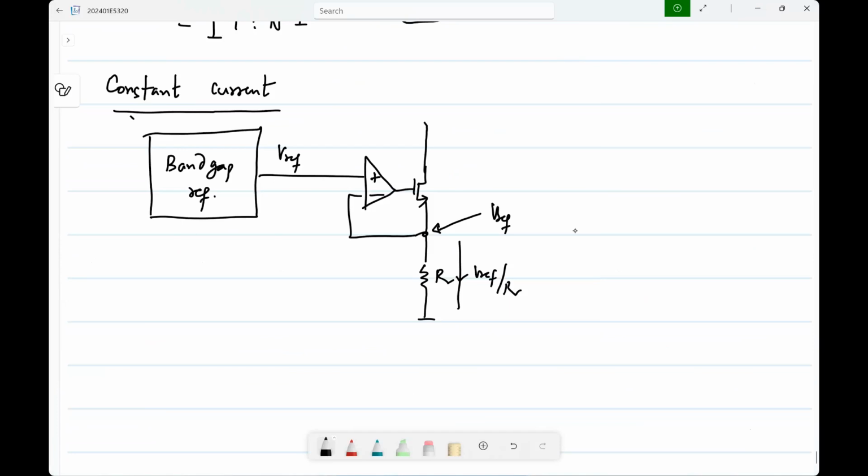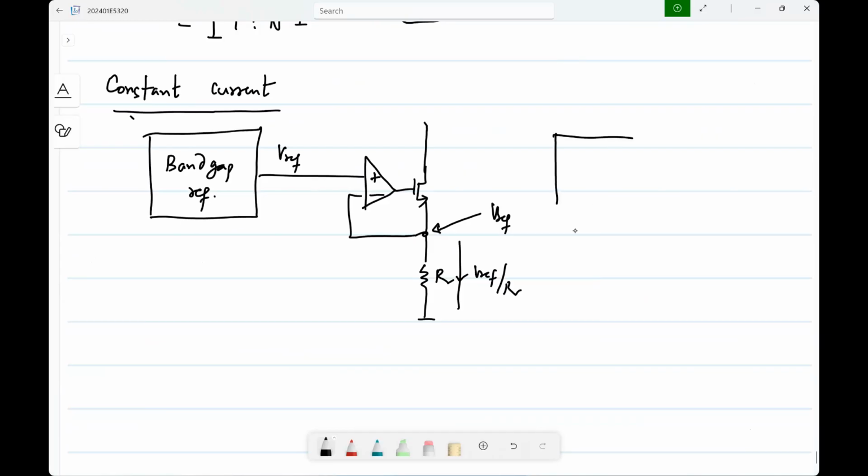So you have to work around it. Sometimes in a process, you have different resistors with positive and negative temperature coefficients. In fact, one of the assignment problems was for you to cancel the temperature coefficients. By combining them, maybe different types of polysilicon resistors, you may be able to cancel. So there are a couple of variants of this.